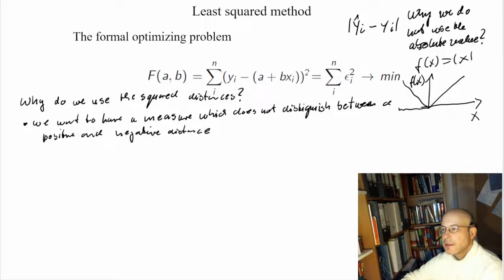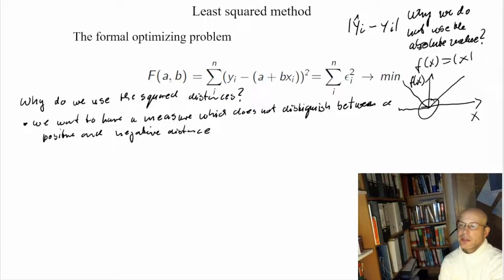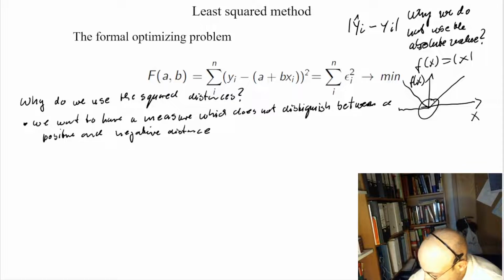And this function has one property which we do not like, and this is that in the origin we have this kink, and this means in the origin no derivative exists.